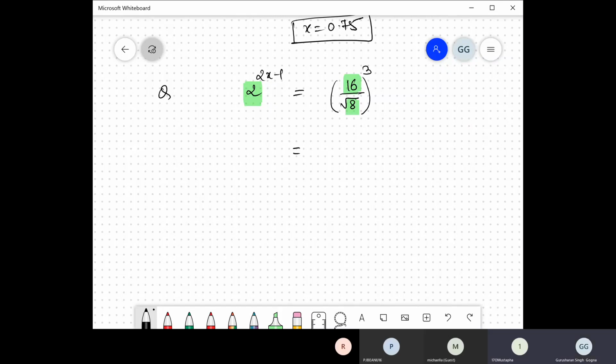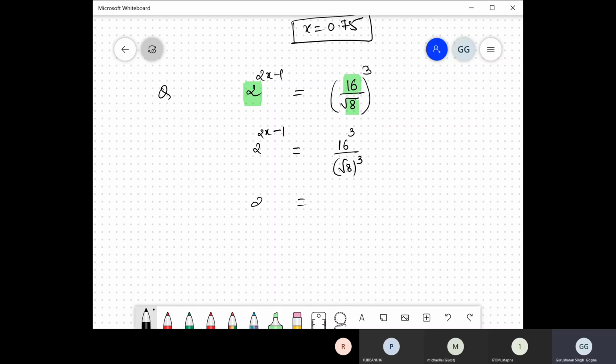You can go either way. If you want, you can first get rid of the bracket. If you get rid of the bracket, then you have to put power 3 on both of them. That's the important law which I explained earlier. So when you open the bracket, the power belongs to all the terms inside the bracket, especially in case of multiplication and division.